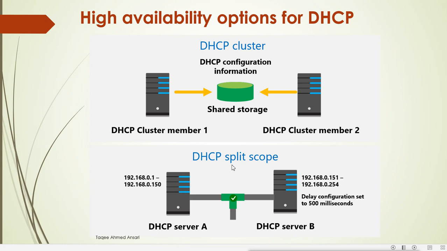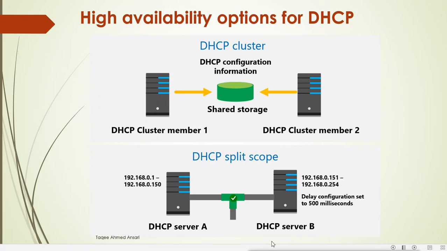For example, as I said, you should not have two servers running for the single scope, because it can create a problem. So what we can do is create two servers for the single scope, but we split the scope from one server to the other server. Now in this case, there is no chance of the same IP addresses being given by two different servers.